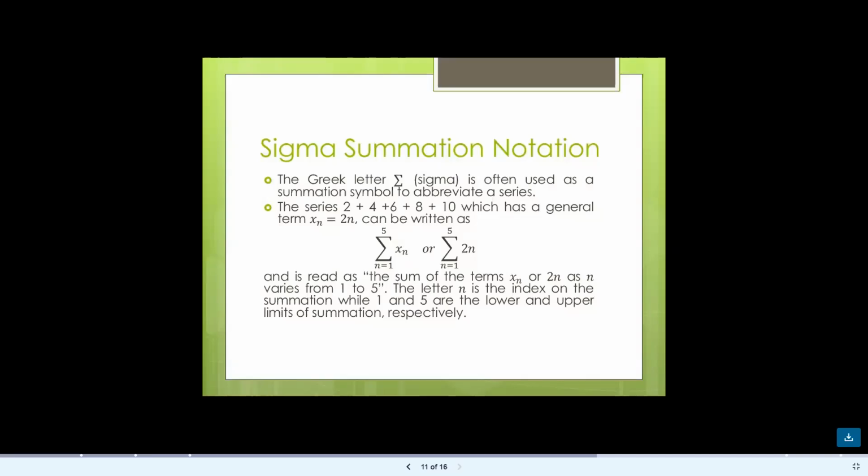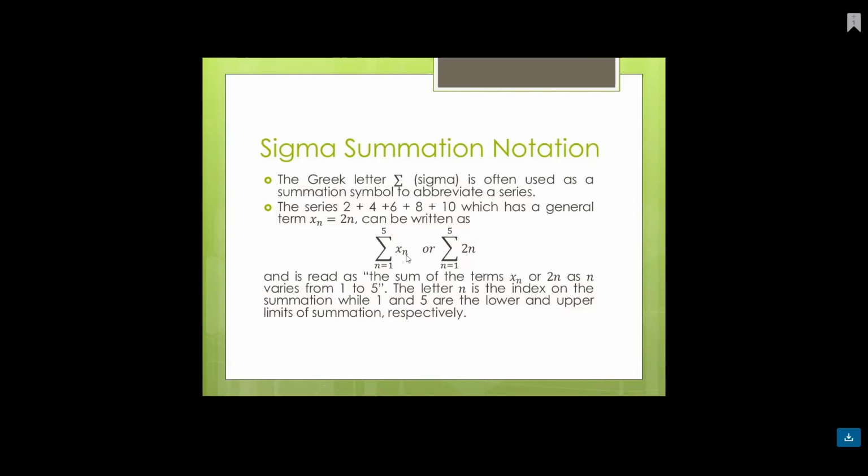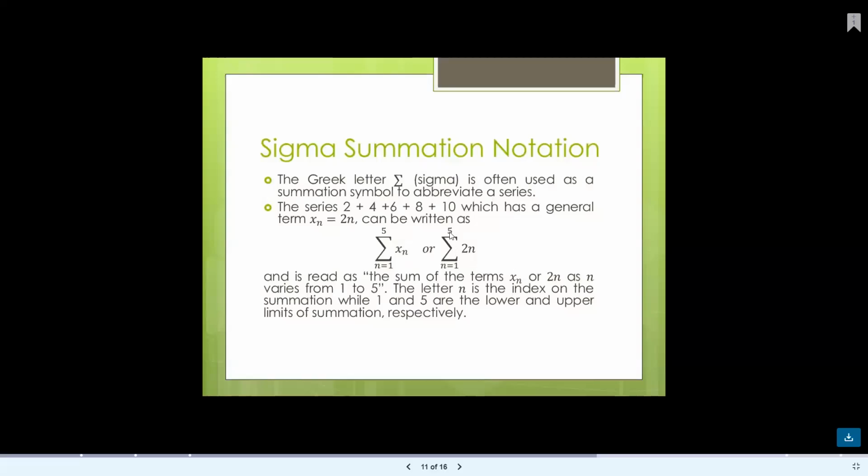So to write the sum of 2, 4, 6, 8, 10, we're going to say that it's the sum of, notice, we're going to replace the x subscript n, which is the general term for the series, right? Or a subscript n. Remember we used that earlier? And notice the author here switched from a subscript n to x subscript n. And this here, look at this part. This is how you might write it.